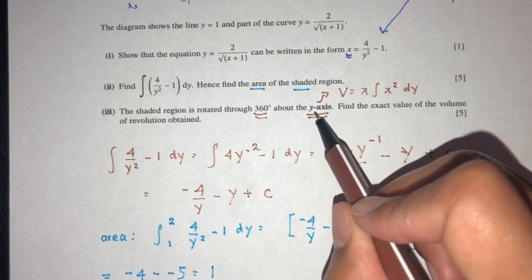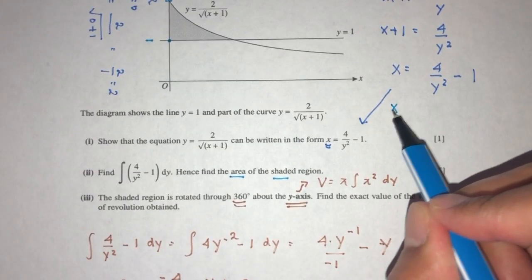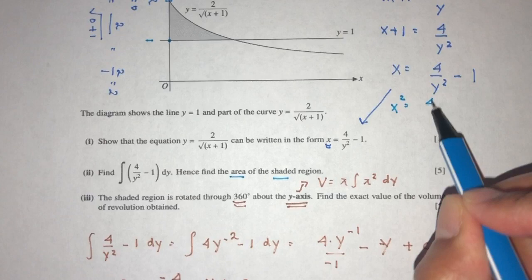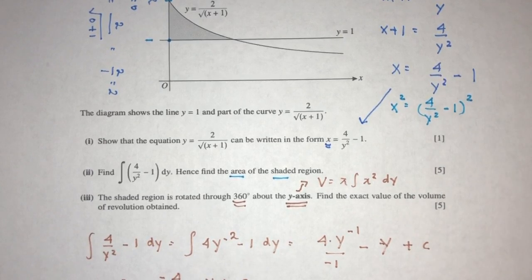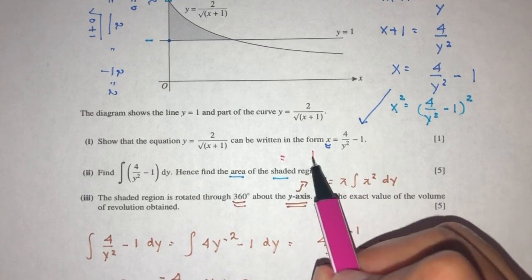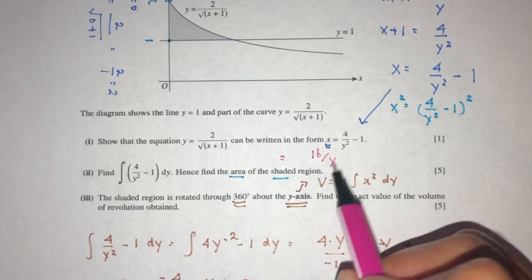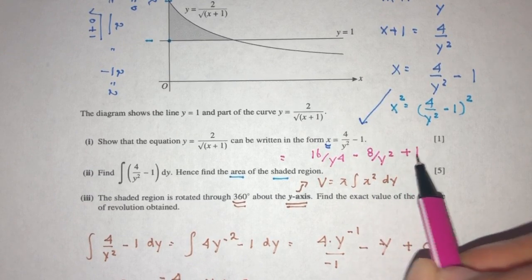So when it is y, that will be x squared. So replace. We have the value of x. What is the value of x squared? Square both sides. You will have this minus 1 squared. So let's find out what that value is. If you expand, that will be 16 over y to the power 4 minus 8 over y squared plus 1.